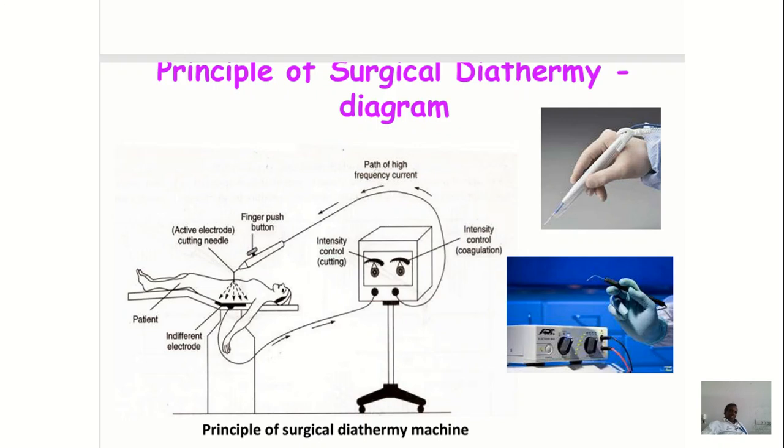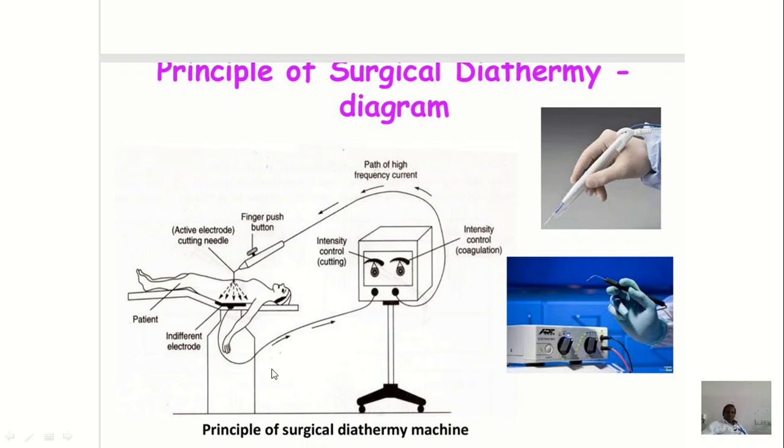The area of the patient plate is large so that it does not get heated and does not perform any surgical operation on the tissue. That's why we use the large area. Current density decreases because of the large area. Then the current is collected and given to the equipment.